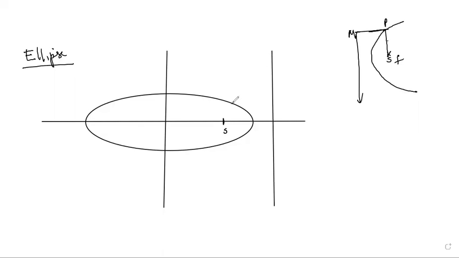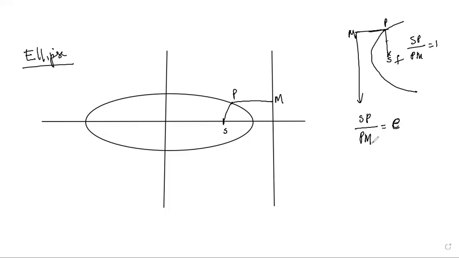The point P moves in such a way that SP upon PM is a constant. Here also SP upon PM is a constant, but for the parabola SP upon PM is always 1. That's why SP is equal to PM. But in case of an ellipse, SP upon PM should be a fraction, a number less than 1.